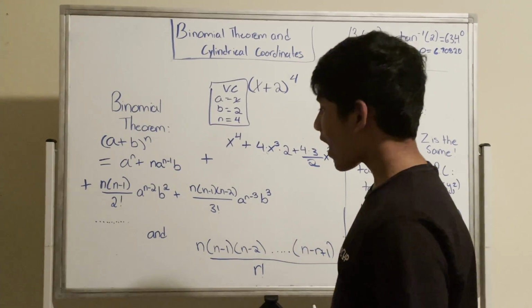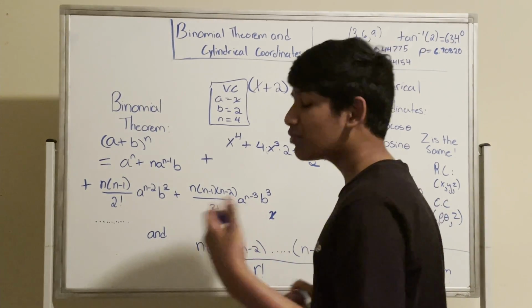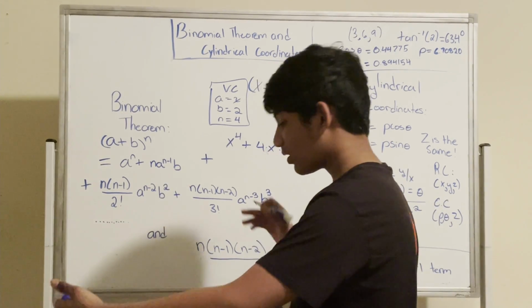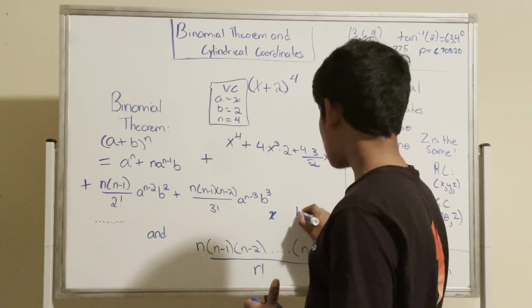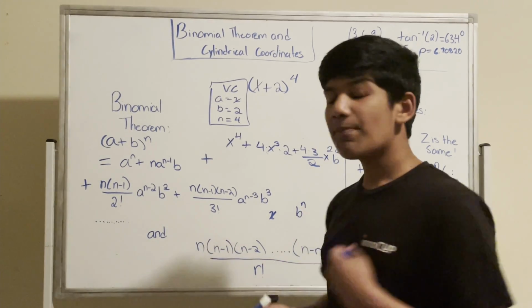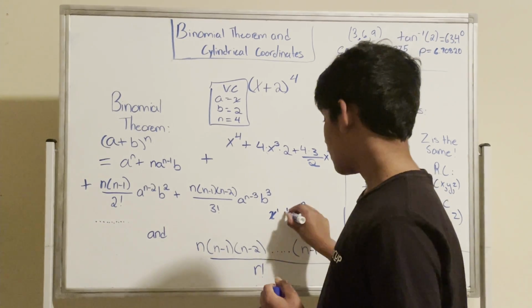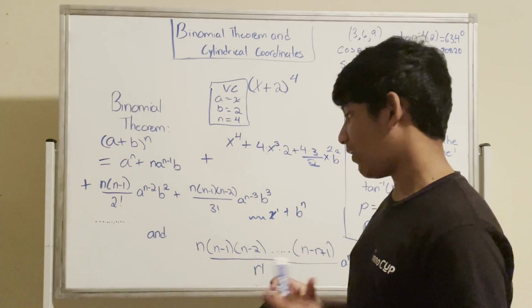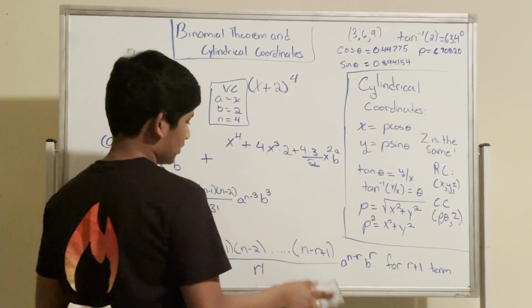The formula stops when the previous term is just x, then the next term is always just going to be b to the n. So the previous term has a power of x raised to the power of 1, and the next term is always going to be b raised to the power of n. So that's essentially a pattern in the formula.